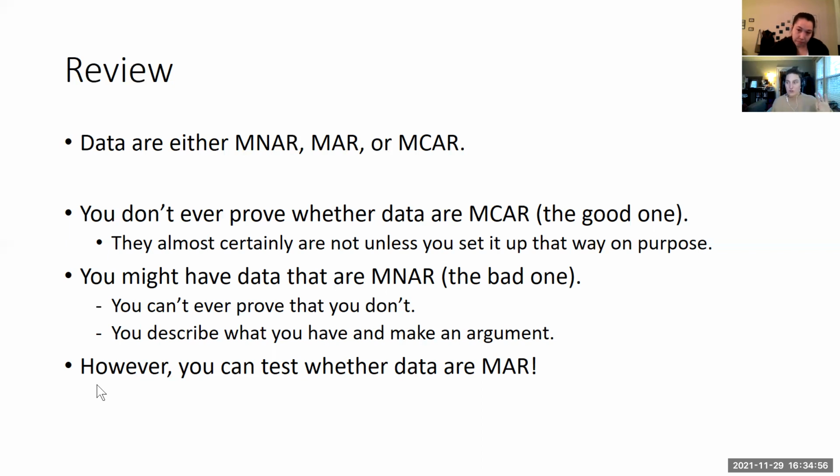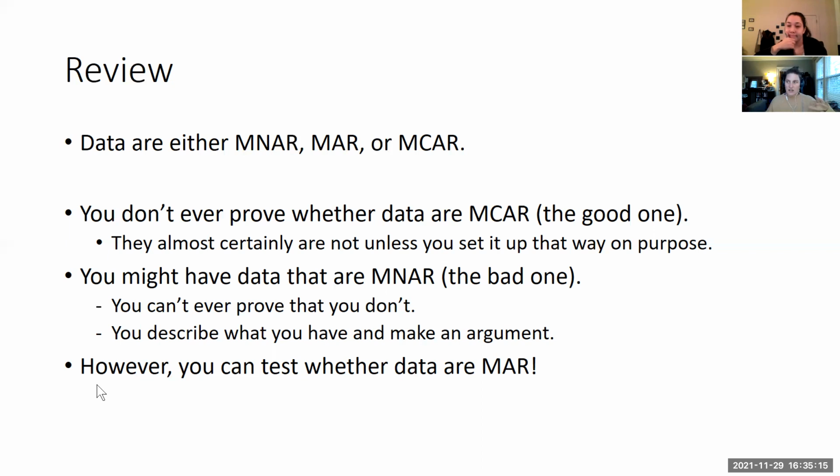Okay, wait, before I show you how we test whether data are missing at random, do you feel like you have at least a fuzzy understanding about missingness mechanisms, the 3 different things? Kind of got it? Don't got it?